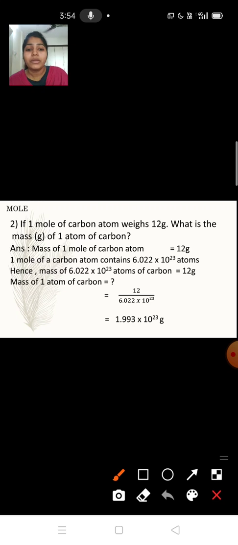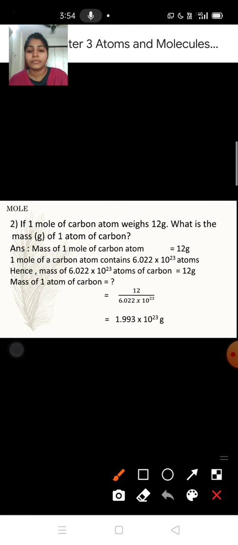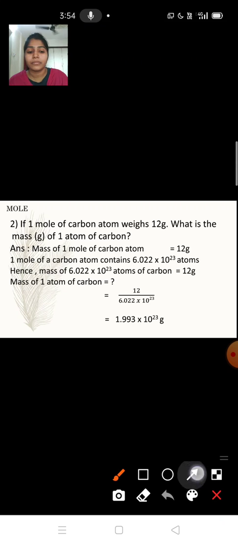You have to find out the mass of 1 atom of carbon. So to find the mass of 1 atom of carbon, what is given? We know the mass, that is 12 gram, right? So the mass of 1 mole of carbon atom is 12 gram.